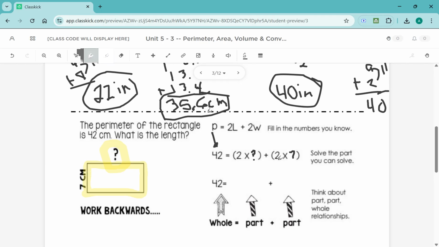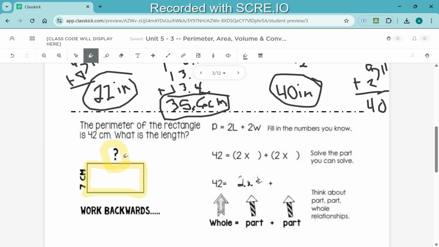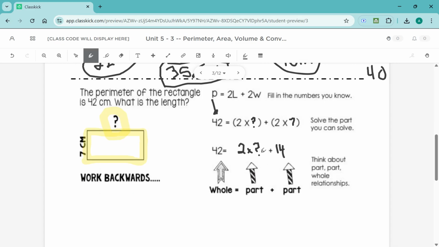So I know if I put these 2 parts together, I'm going to have to get 42, right? Based off of our star chart, could I figure out what number is going here?